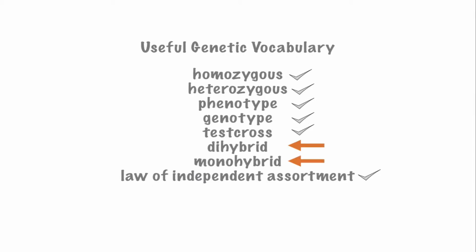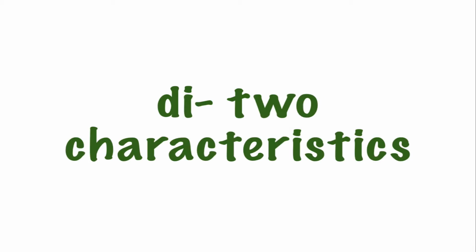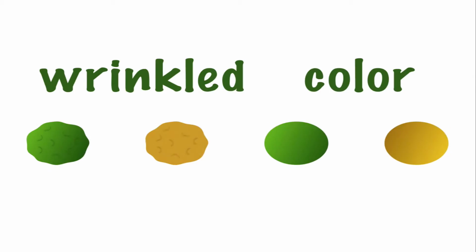Now let's take a look at a dihybrid cross. So far we've been dealing with monohybrid crosses, which refer to just one characteristic, and that's been the color of the pea. Now we want to combine these two, and we want to have a dihybrid cross where we find the probability of two characteristics being expressed, and those two characteristics are whether the pea will be wrinkled or smooth, and what color it's going to be.